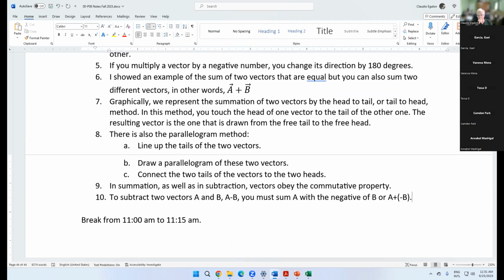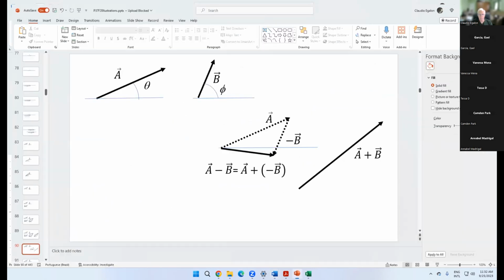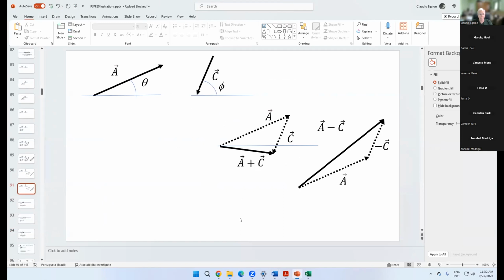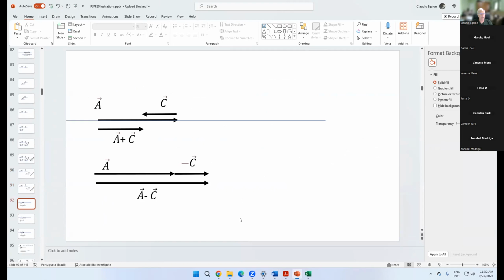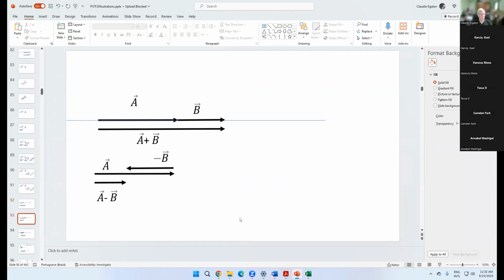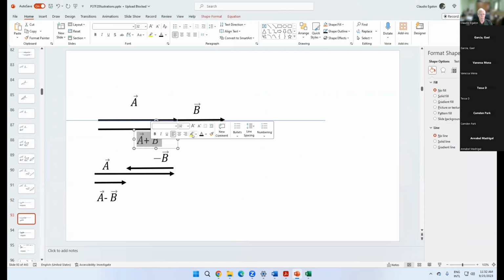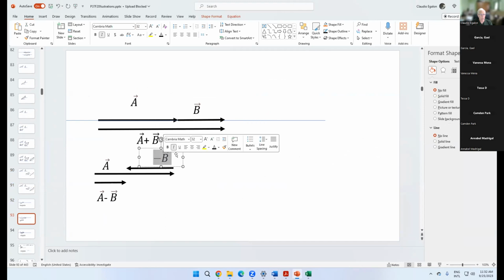You draw the A vector, draw the negative B vector, and then use the tail to head method or the parallelogram method, either one. Okay, so here you go. Tail to head method, right? Here you go, one dimensional. You cannot use the parallelogram method in the case of one dimensional vectors, okay? But we teach it anyway.